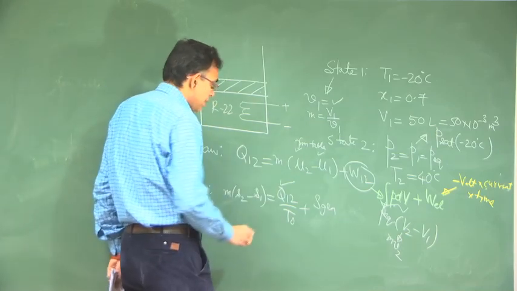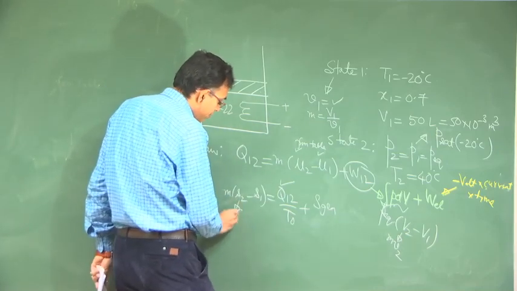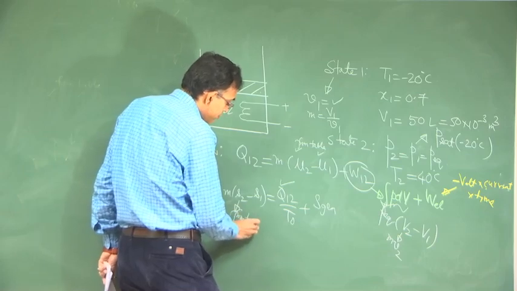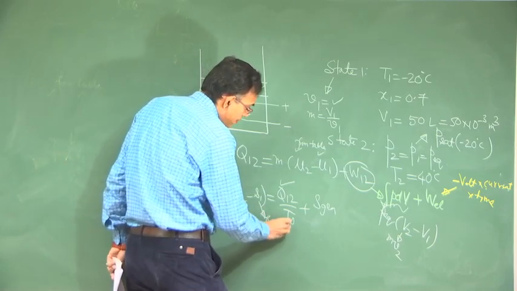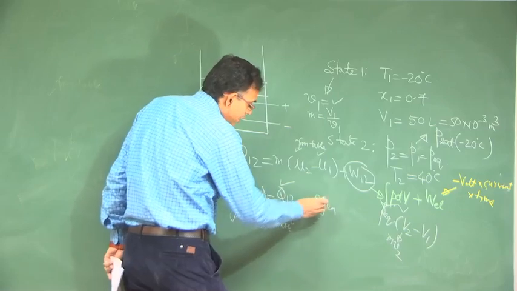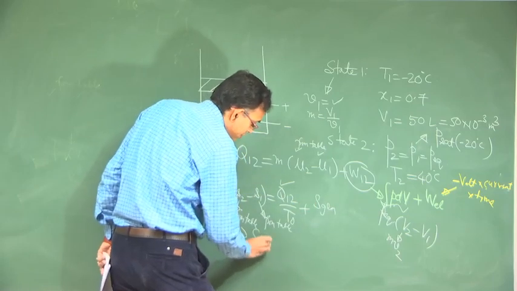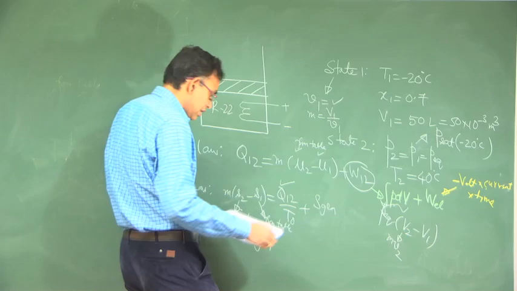So, all these can be substituted. This is from table, this is from table. So, from here you can find out what is entropy generation.